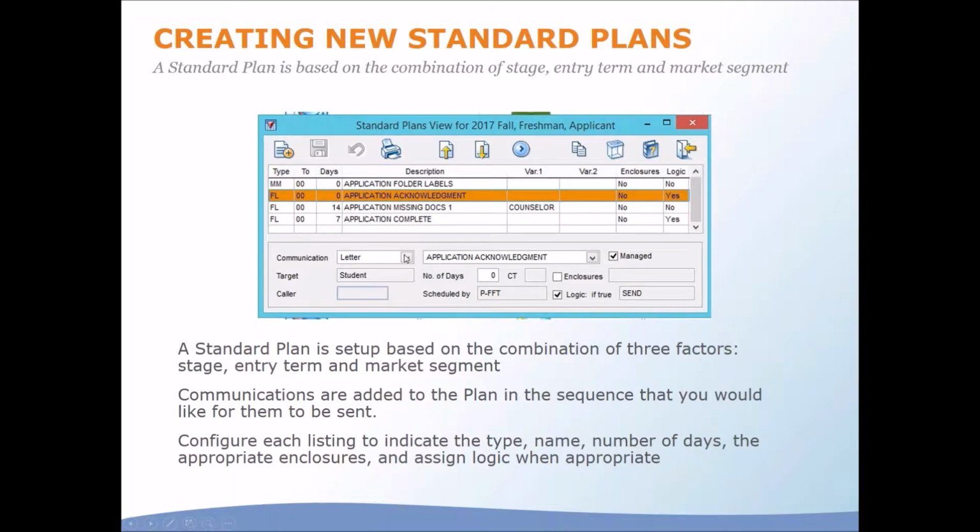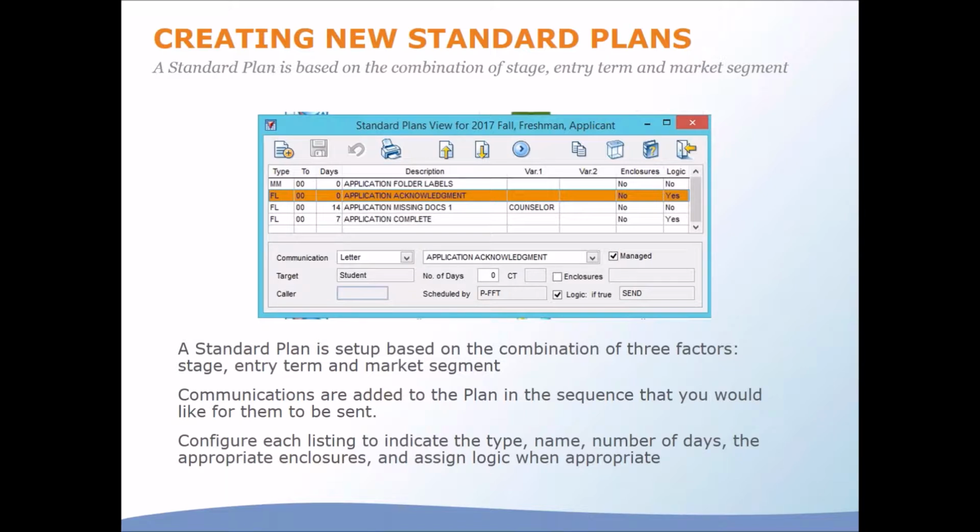The communications are added to the plan in the sequence that you would like for them to be sent. So the top listing in this green is the first item that goes out. The second listing in the plan is the second item that goes out, and so forth.